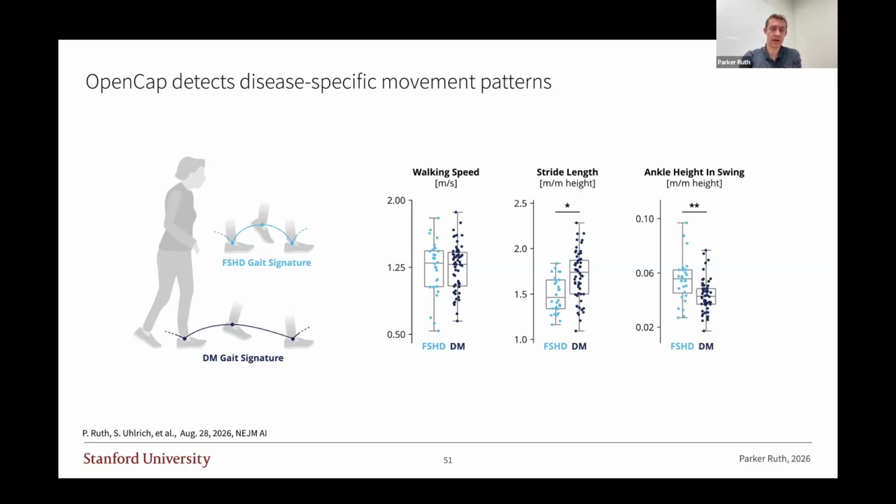And one reason for this is that FSHD is known to affect a gait pattern called a foot drop, where weakness in the dorsiflexors cause your foot to drop as you step and makes you have to lift your foot higher off the ground. And so these findings are consistent with what we know from the clinical presentation of the diseases, and it shows that using a tool like OpenCap allows us to measure something that is missing in just the speed alone.